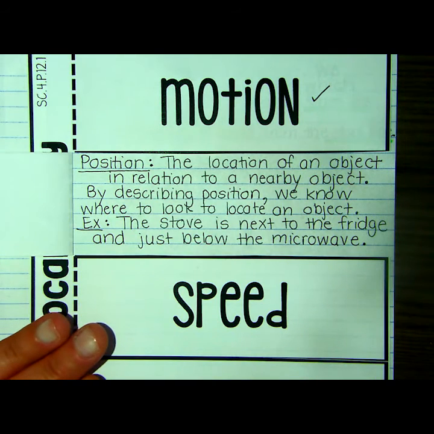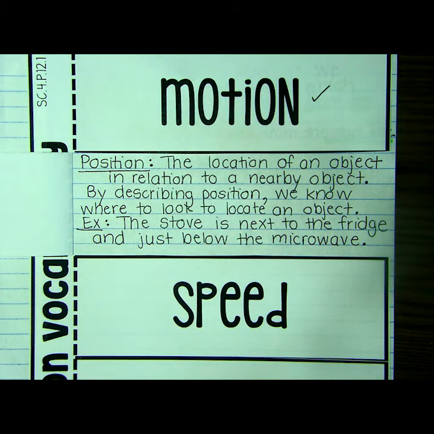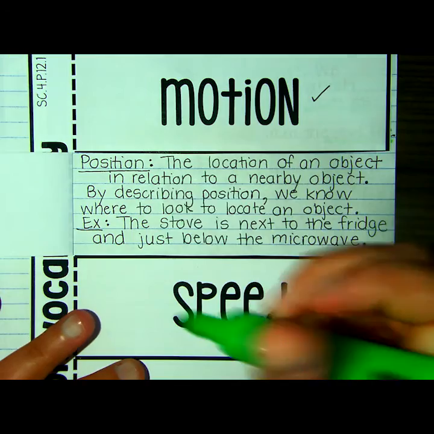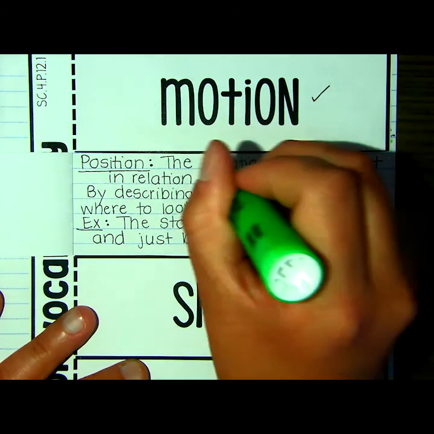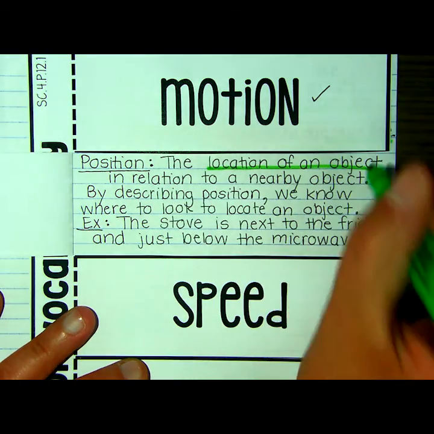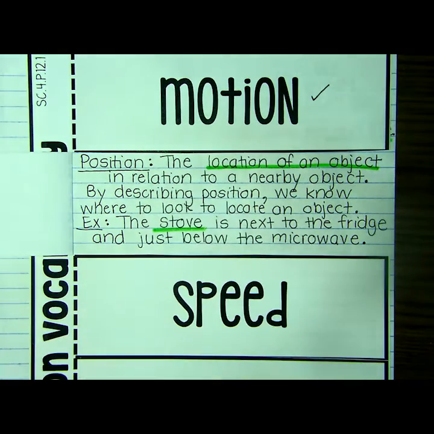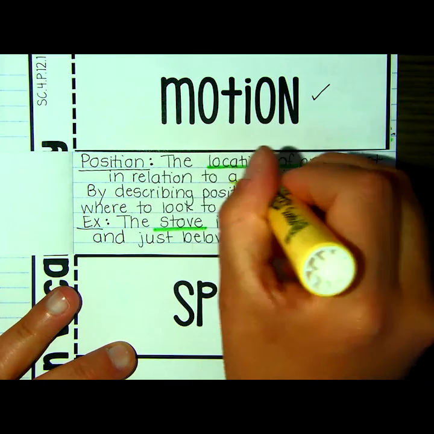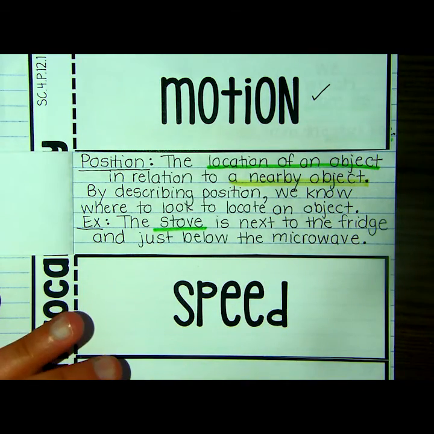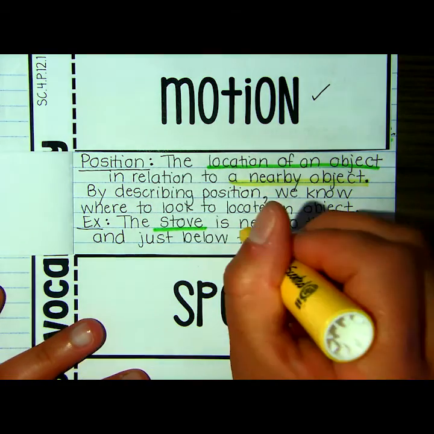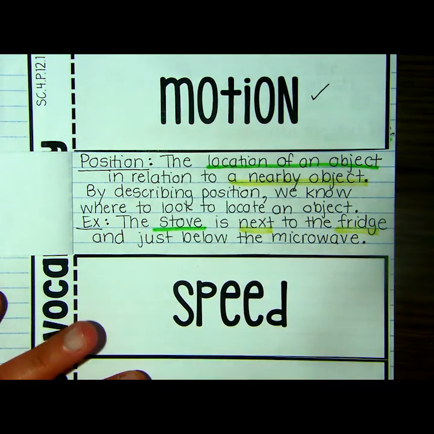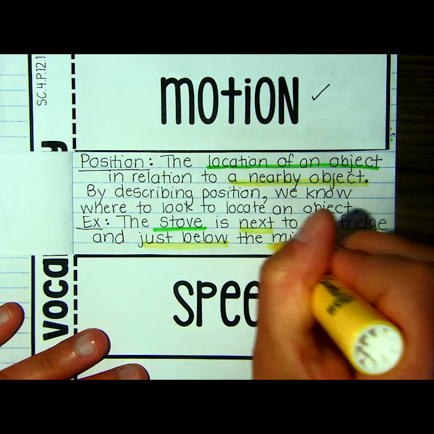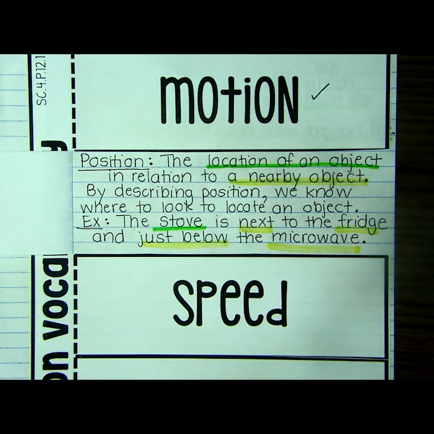So again, identifying where one object is, the location of an object, we're talking about the stove, and we describe that in relation to a nearby object. I actually gave you two. It's next to the fridge and just below the microwave. So those are the nearby objects.